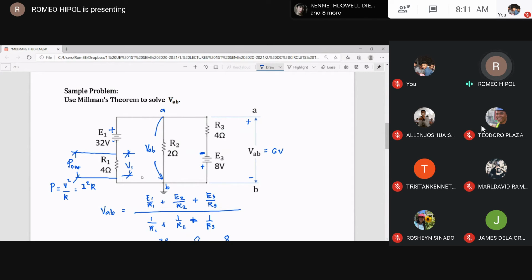If we are going to apply KVL, the problem in using Millman's theorem is that we do not have the current direction. Understand? So what we will do is solve the voltage across resistor 1 by getting the difference between the terminal voltage AB and the supply voltage on the given branch, or on each branch.